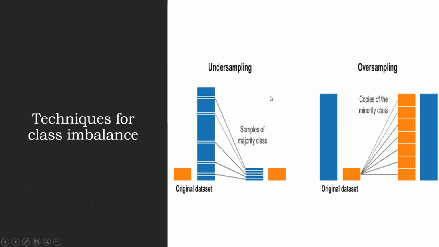As you can see, in undersampling, we take samples out of the majority class and make it equal to the minority class. And in oversampling, we make copies of the minority class equal to the number of the majority class.